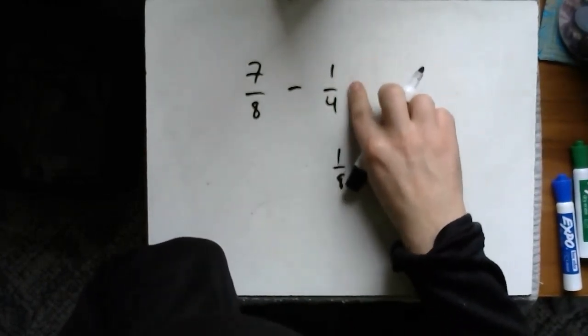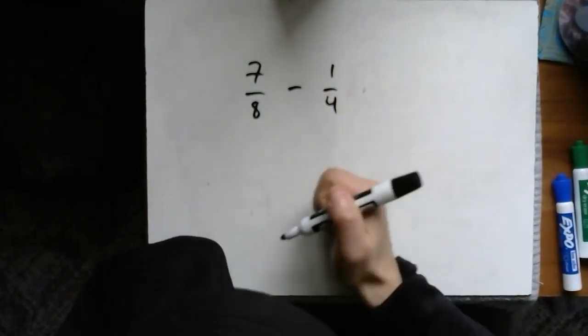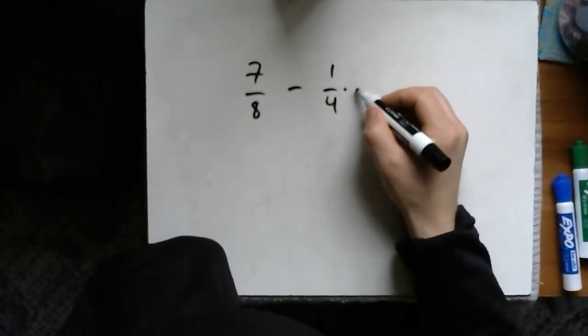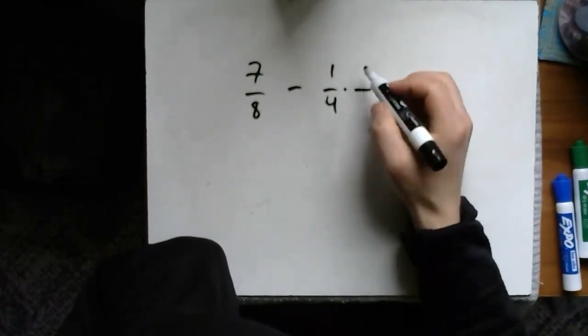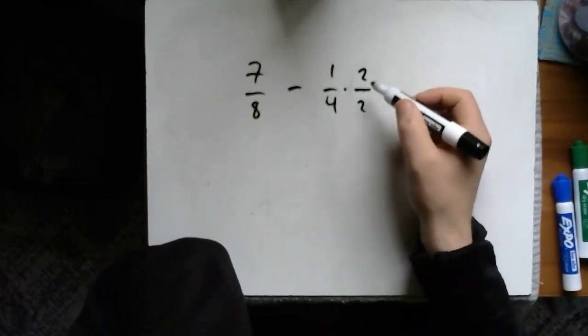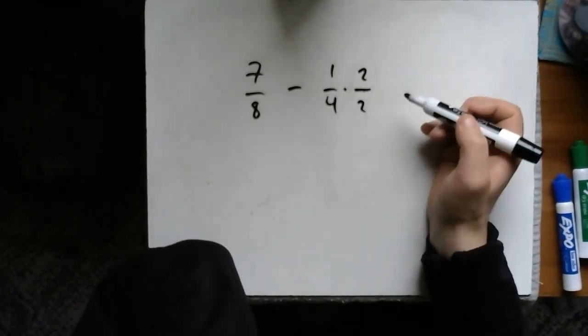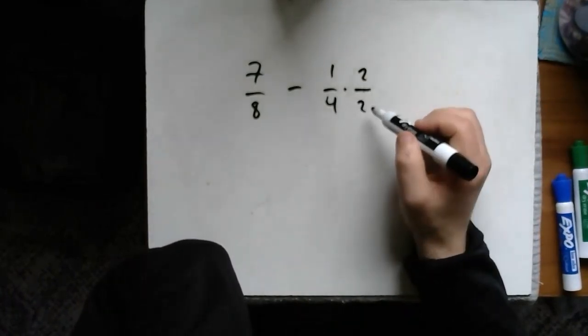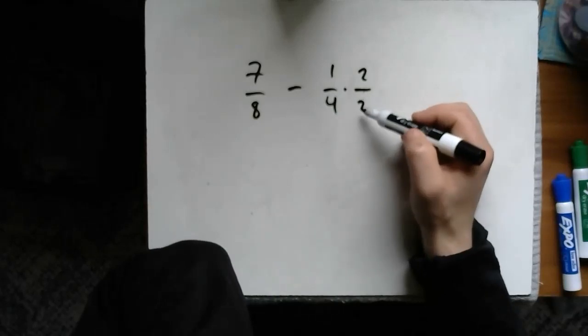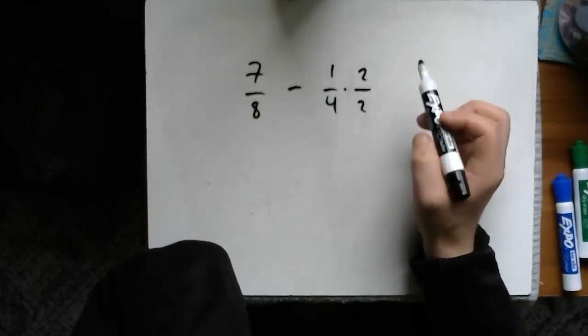Anything times 1 is itself. And I'm going to choose what 1 I want, and that's going to be 2/2. So 2/2 is my 1 that I'm multiplying it by. It seems kind of weird, but it works, because 2 divided by 2 is in fact 1.